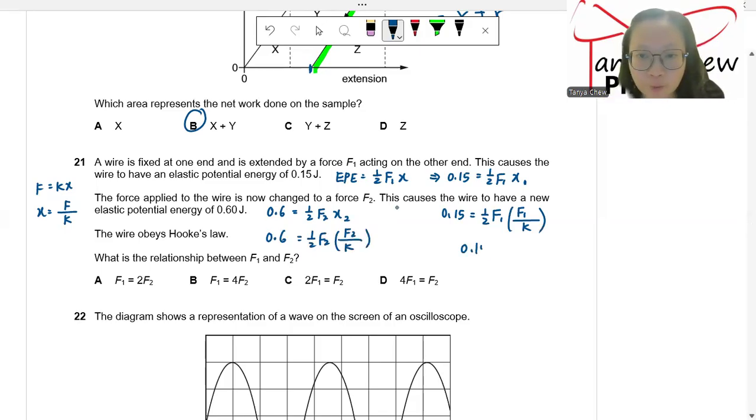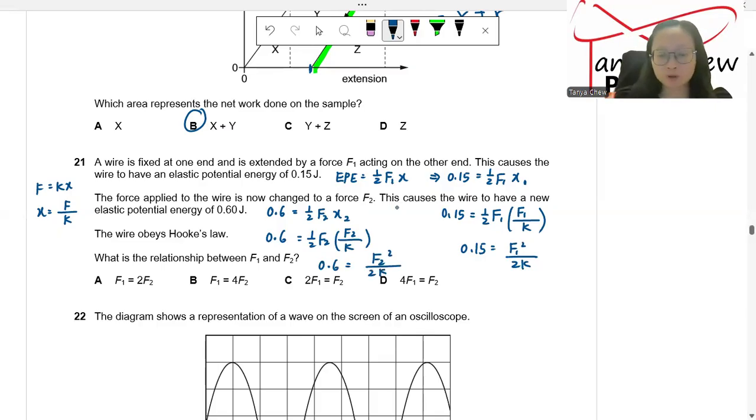Simplify this, I have 0.15 is equal to F1 square over 2K. And then the next one, I have 0.6 is equal to F2 square over 2K. Now I want to relate F1 and F2. That is why I replace the K first. From here, I have 0.3K is equal to F1 square.